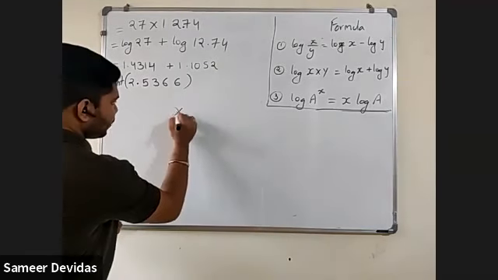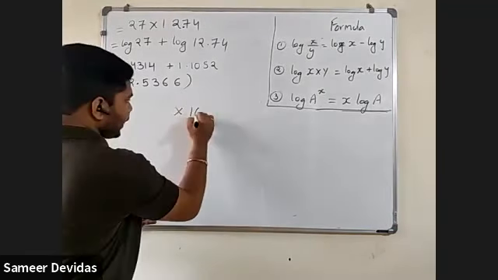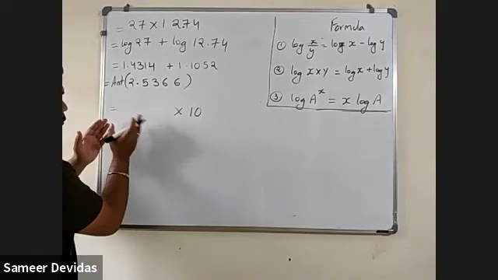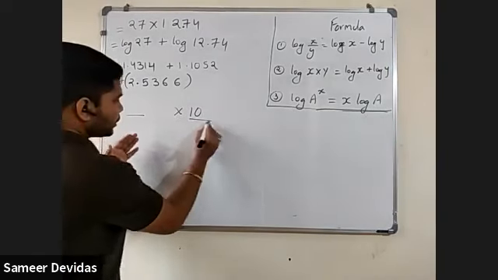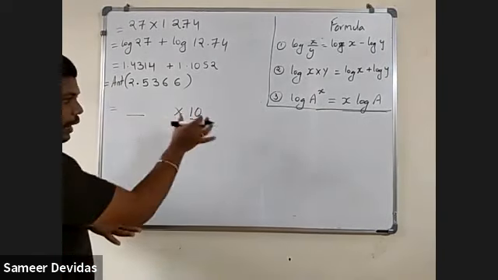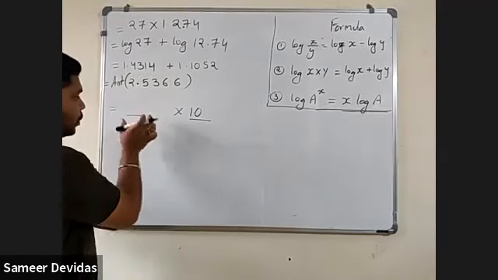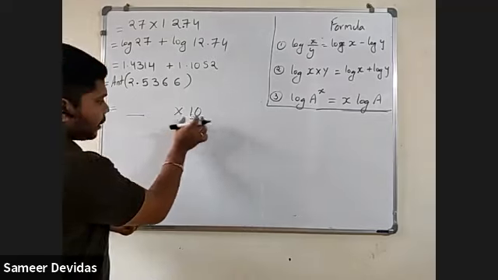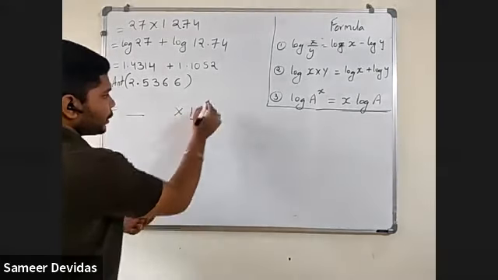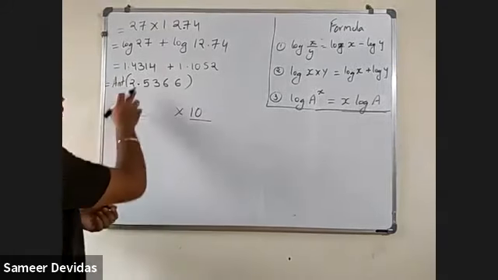Here there are two parts, this is one part and this is another part. For the first part, you multiply by 10 raised to a particular number. What is that number?